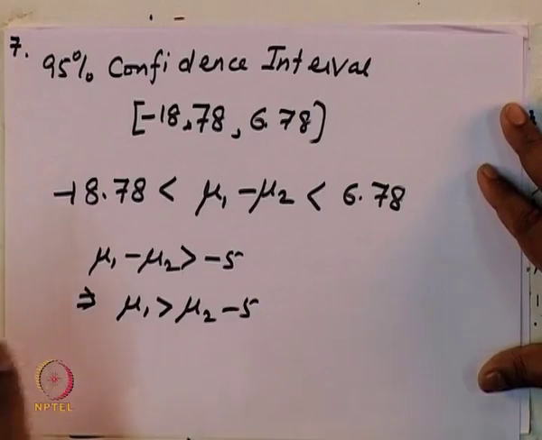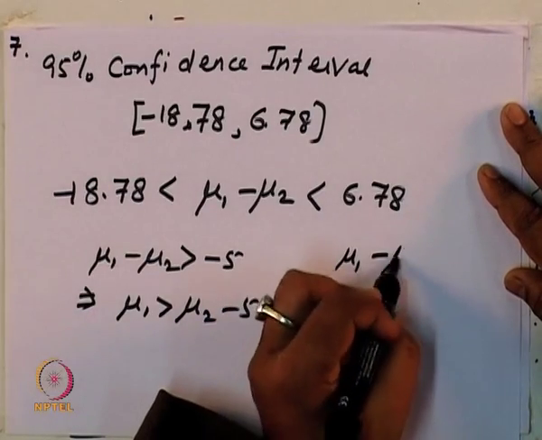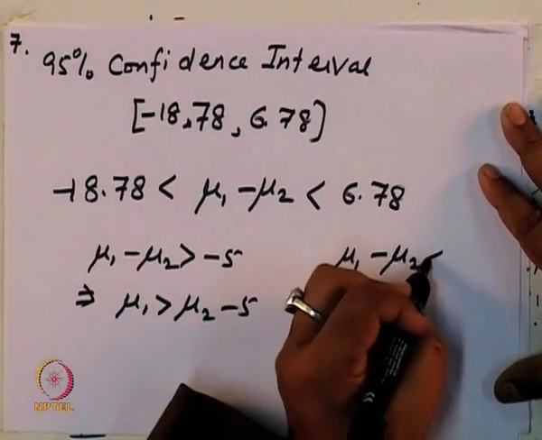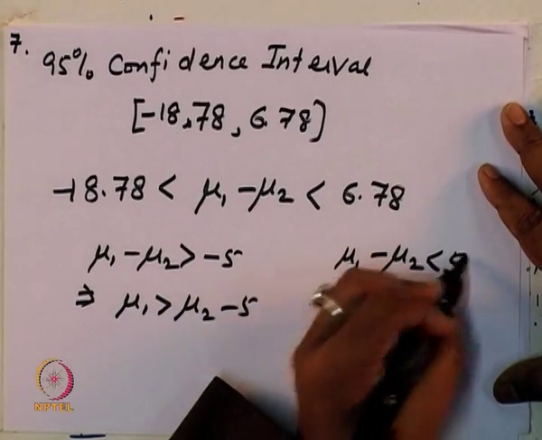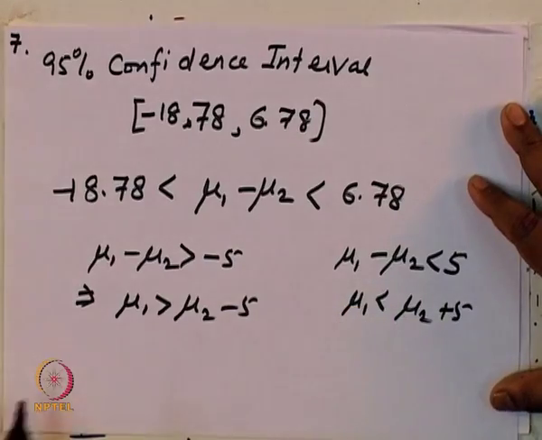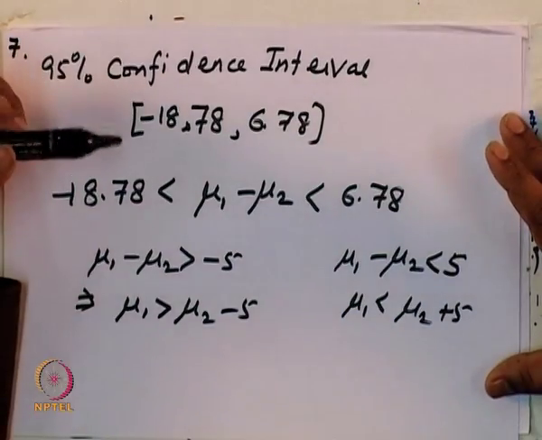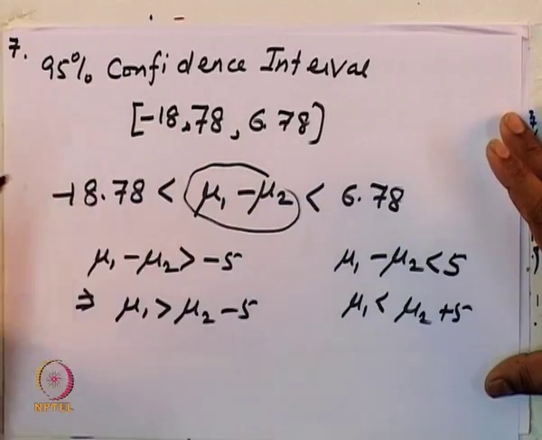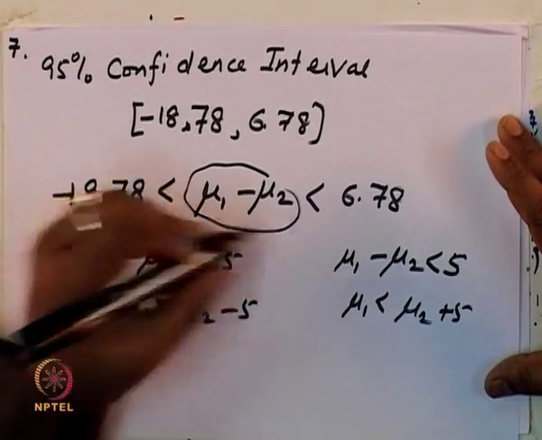Or you could have had the other possibility, mu 1 minus mu 2 is less than 5. In that case, mu 1 is less than mu 2 plus 5. So, there are both the possibilities where this entire difference is either negative or positive.